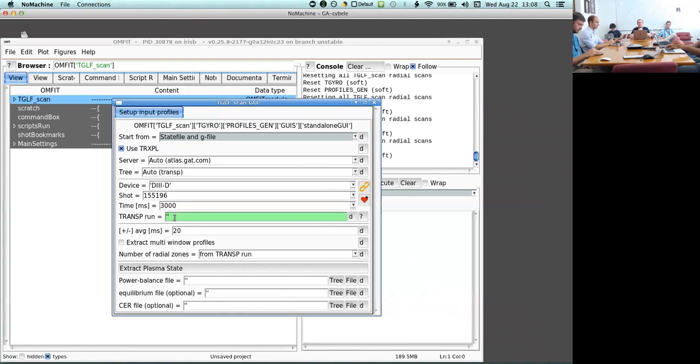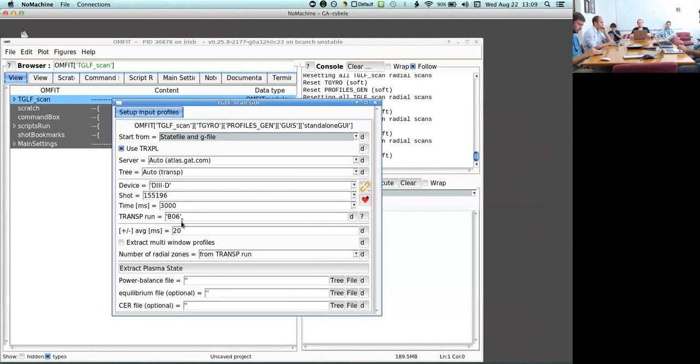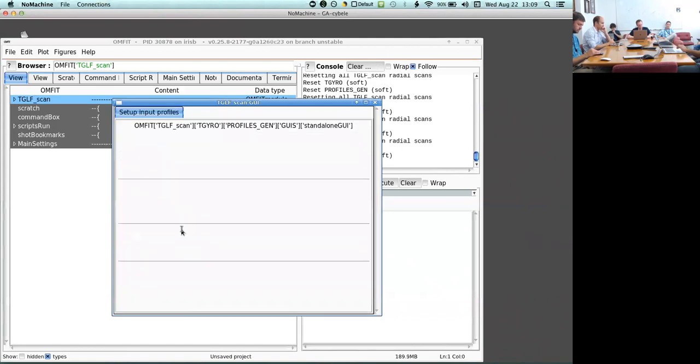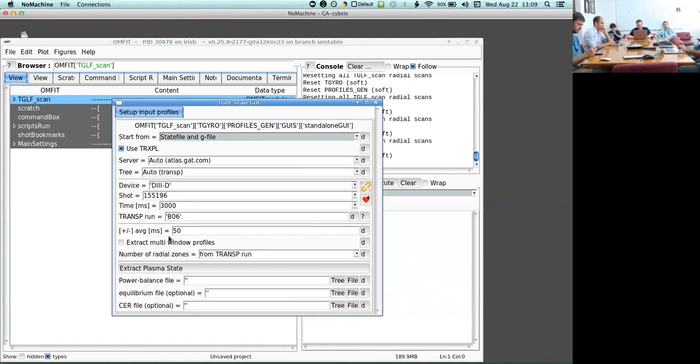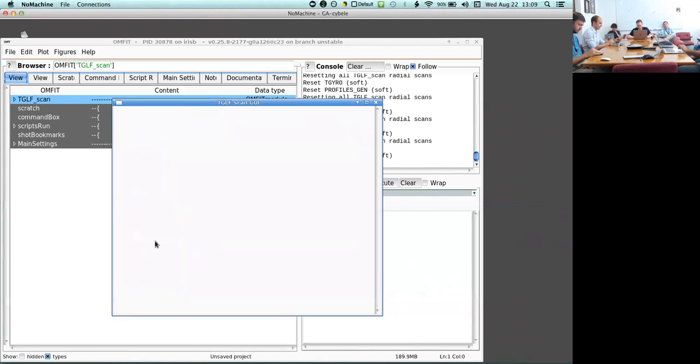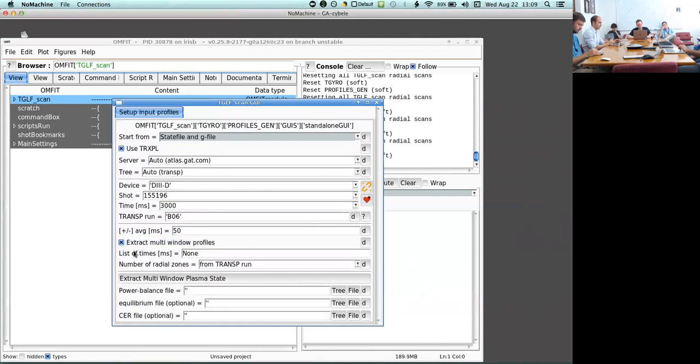Then I'm going to choose the TRANSP run that has been done so we can load the data over here. And I'm going to choose the time average window of 15 milliseconds. Other than that, the extra feature that we're going to use: we're going to build all these input probability distributions of input into the TGLF based on the experiment.